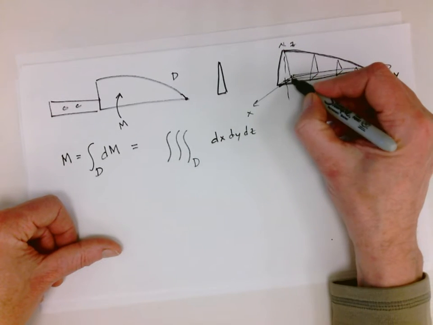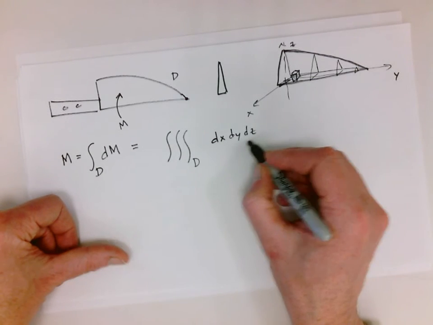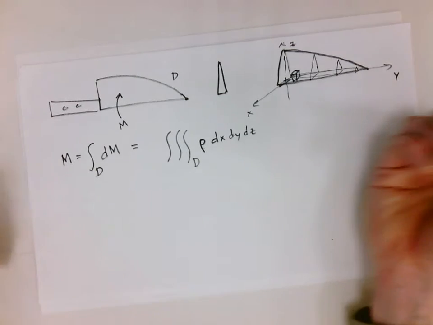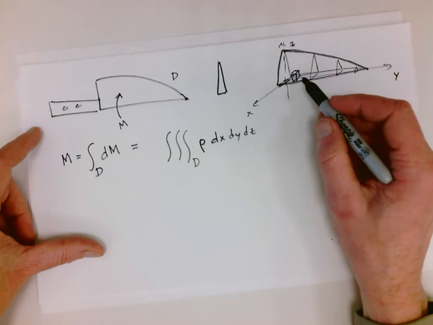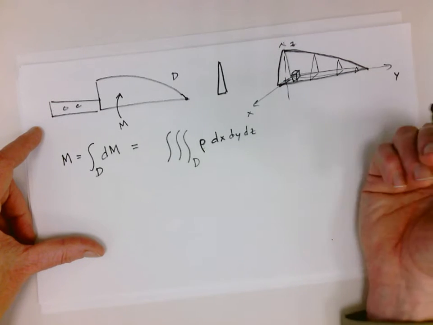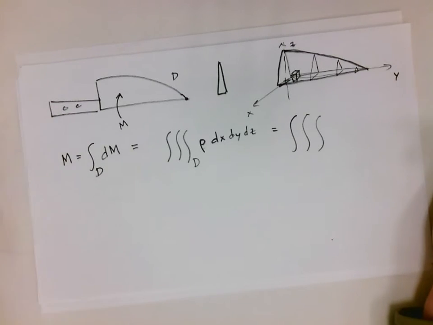Each little chunk has a volume, dx times dy times dz, and the mass of that little chunk is whatever the mass density of this metal is, presumably carbon steel or something. So the mass is the density of carbon steel times dx, dy, dz integrated over this domain. And I could go even further and write the definite integral for this. So let's think about what that definite integral is.